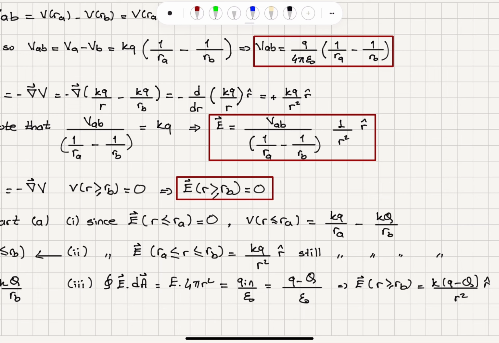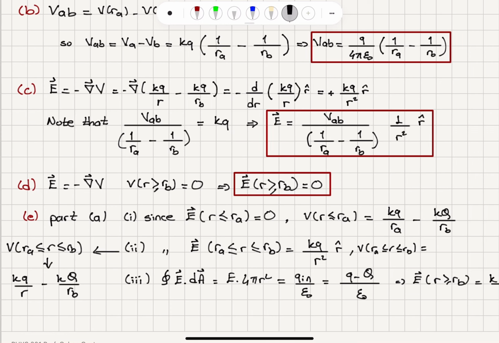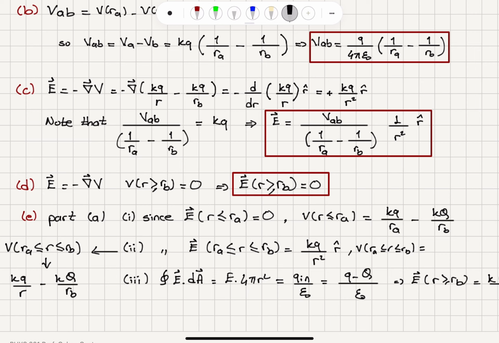So since the electric field is zero, the potential is still constant. For the region between r sub a and r sub b, I will have a new potential, V of r, equal to kq over r minus k capital Q over r sub b, using the superposition of the contributions.